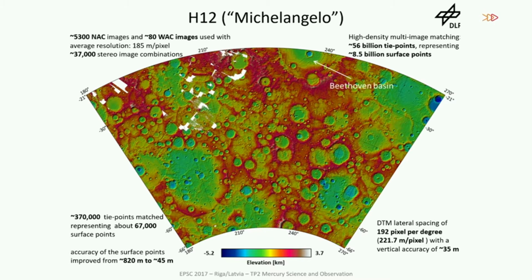Here you can see we have also used a few more tie points for the reconstruction. The accuracy is a little bit less than for H11, but it depends on the images and the stereo geometry. We collected billions of tie points and computed billions of surface points.